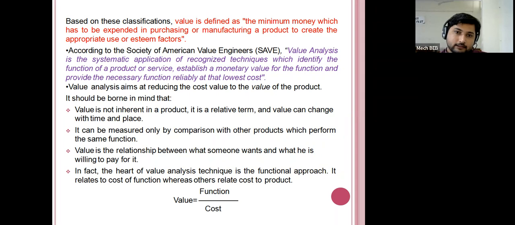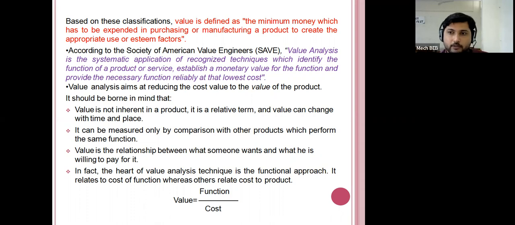the value analysis is the systematic application of recognized techniques which identify the functions of a product or a service, establish a monetary value for the function and provide the necessary function reliably at the lowest cost. Okay, so according to the Society of American Value Engineering, value analysis is the systematic application of recognized techniques.